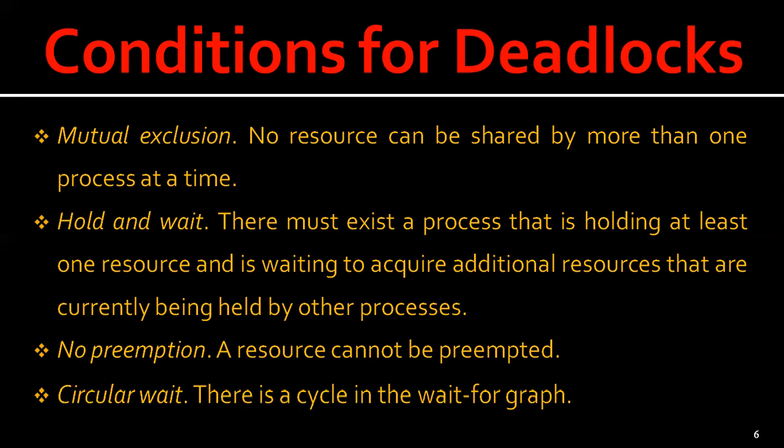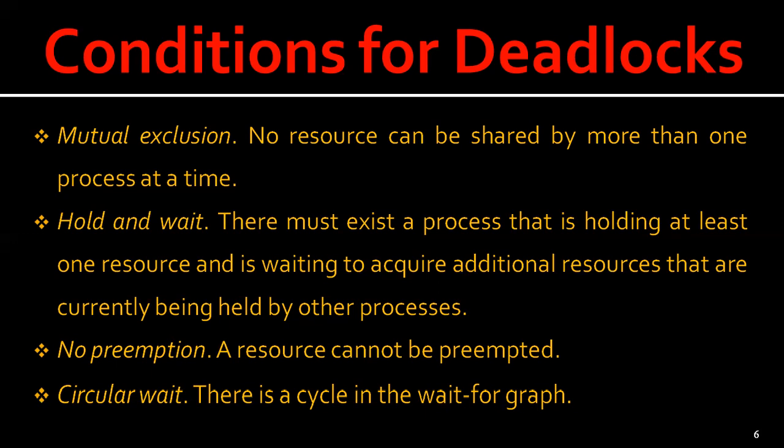Suppose there exists a set of waiting processes P0, P1, and so on, Pn, such that P0 is waiting for a resource that is being held by P1, and P1 is waiting for a resource that is being held by P2, and so on, Pn minus 1 is waiting for the resource that is being held by Pn, and Pn is waiting for the resource that is held by P0. Such a situation is called a circular wait.